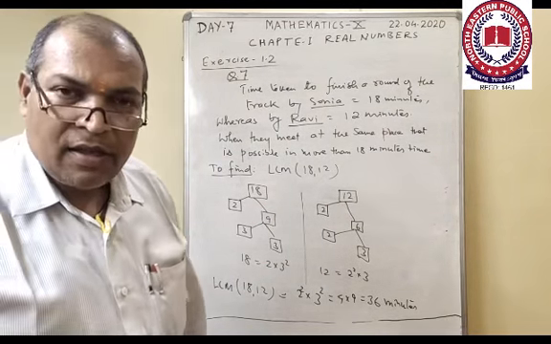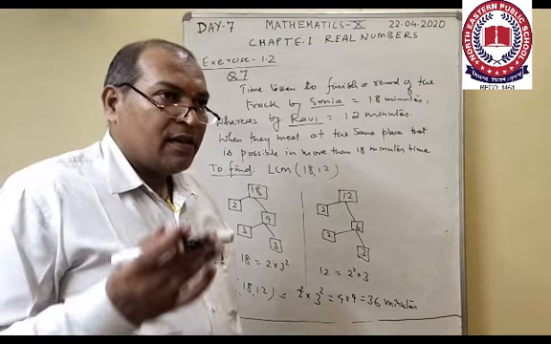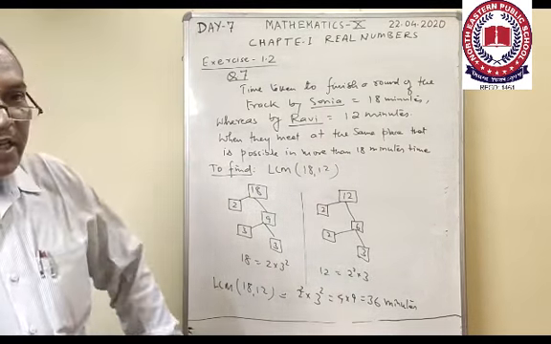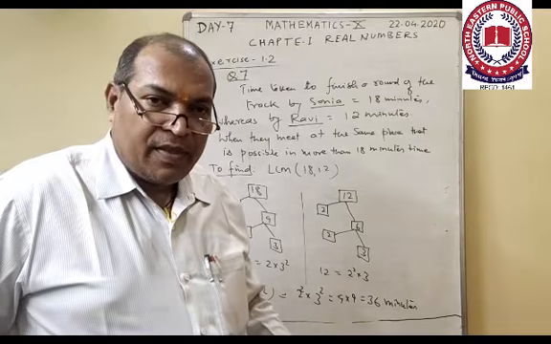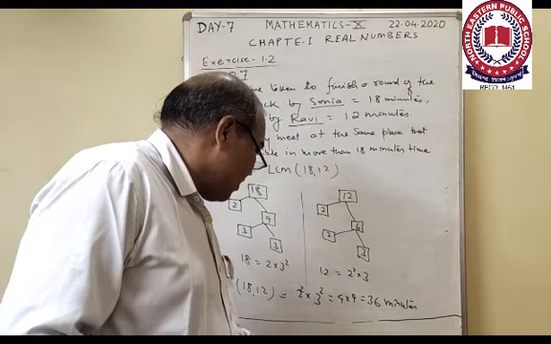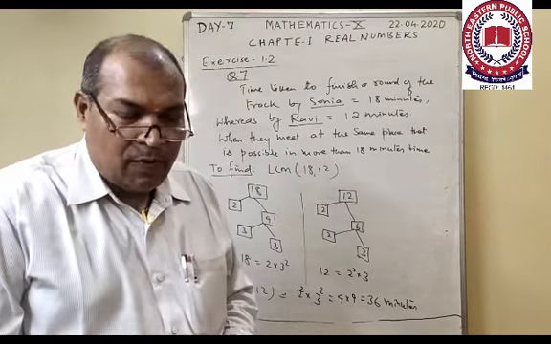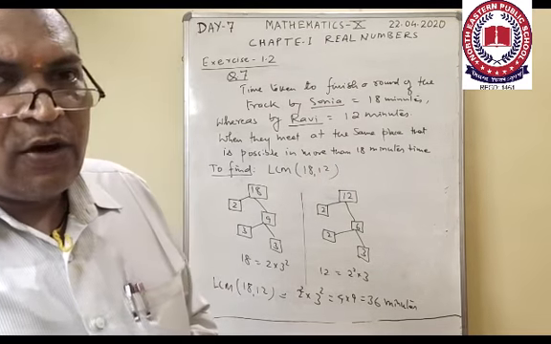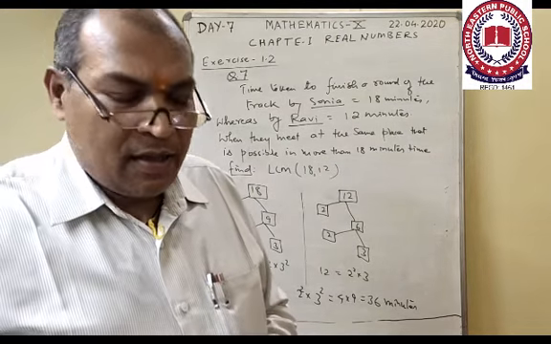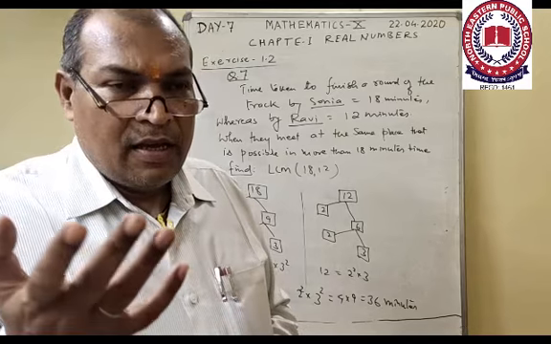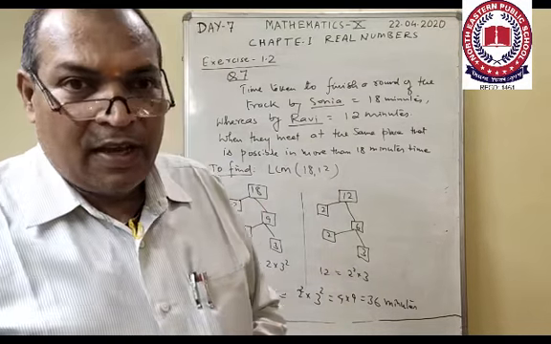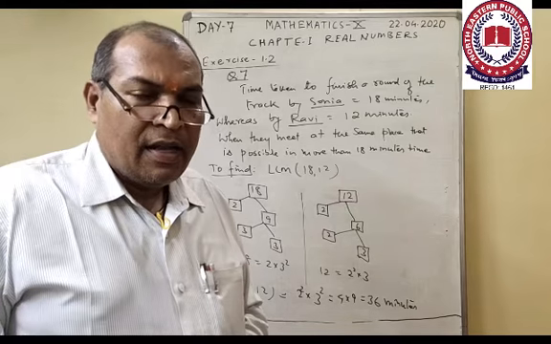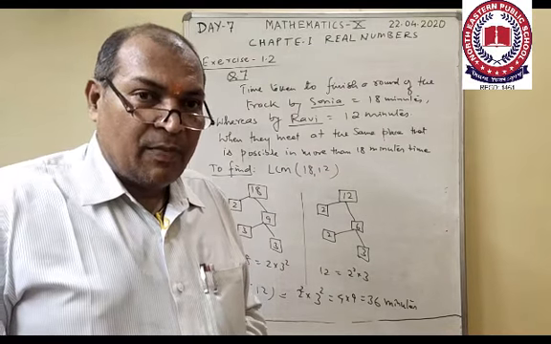Okay students, this is all, and I would like to give you some instructions from exercise 1.3. Whatever questions were given, I have already explained to you in my previous classes. So you are supposed to check out all those lectures in the discussion of real numbers, how to find, how to prove that a given number is an irrational number.